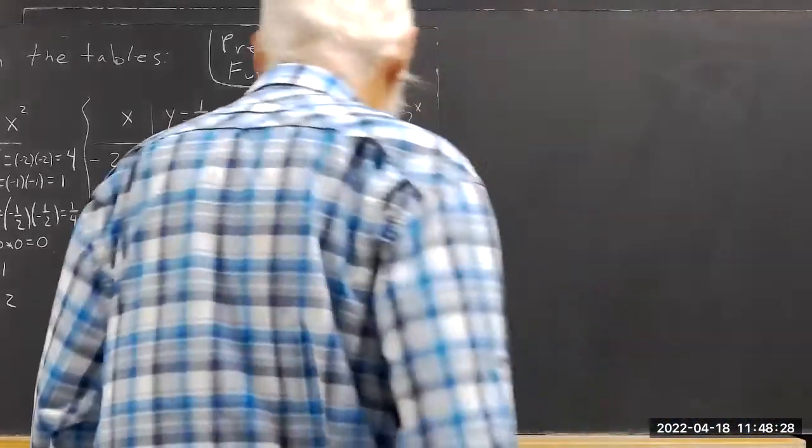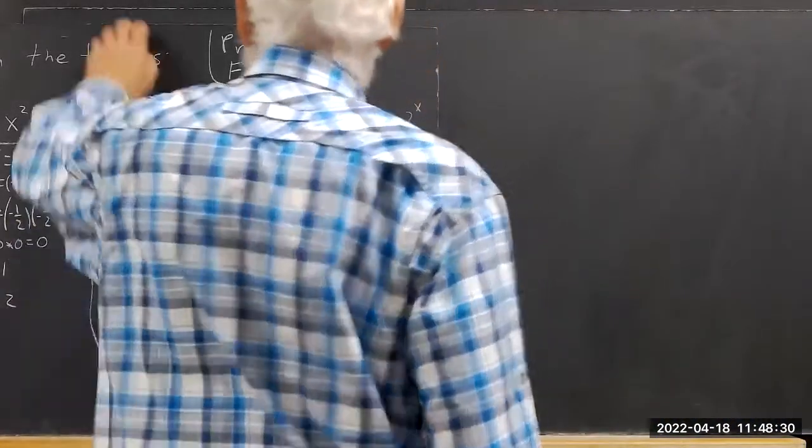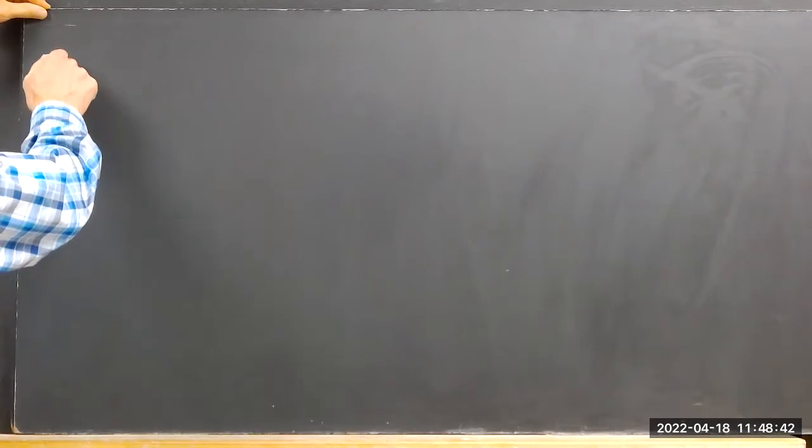So now I'm going to construct graphs of these 3 functions. Okay. Now let's make sure I've got this board okay. Now I can write this table down really quickly, but I don't want to memorize these numbers.